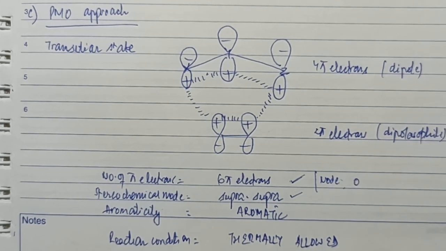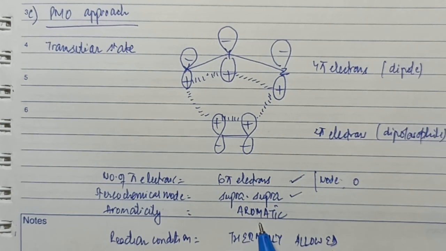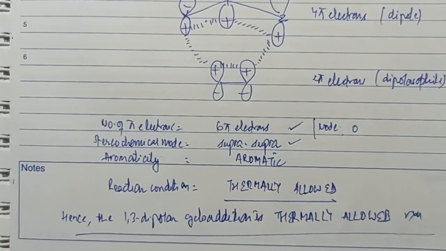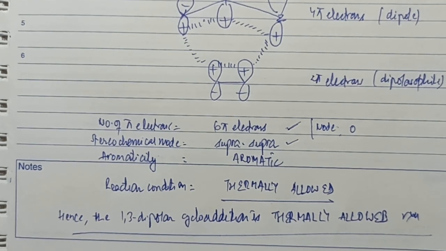A 6 pi electron system with 0 nodes is, according to Huckel's rule, aromatic, and all aromatic transition states according to the PMO approach proceed under thermal conditions. Hence, as seen in the previous two reaction methodology gauging techniques, that is OCD and FMO approach, the PMO approach leads to the same conclusion that these 1,3 dipolar reactions are thermally allowed.